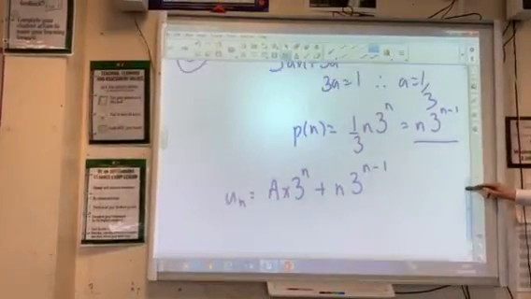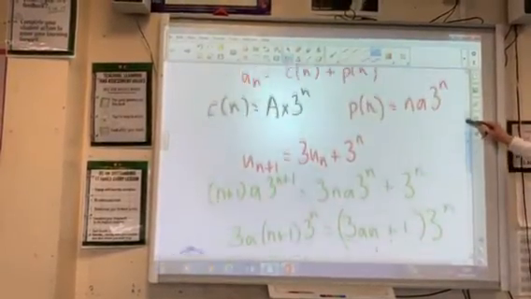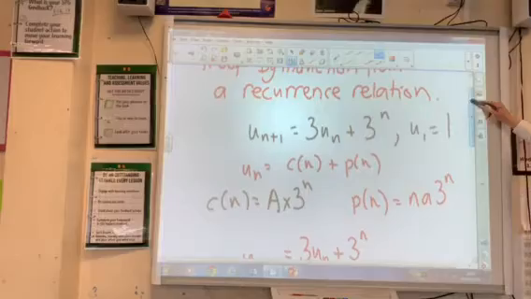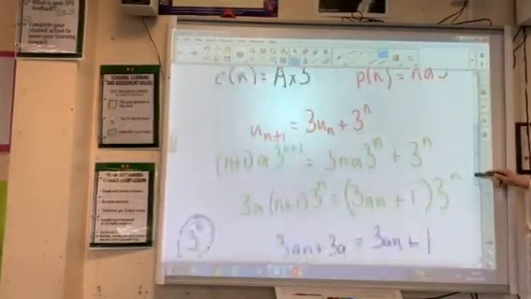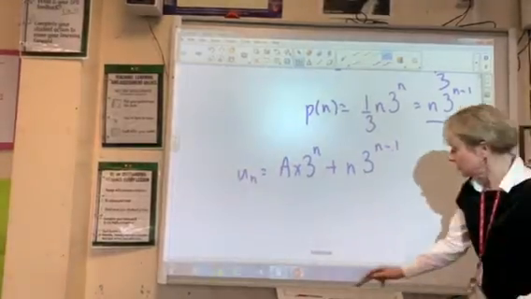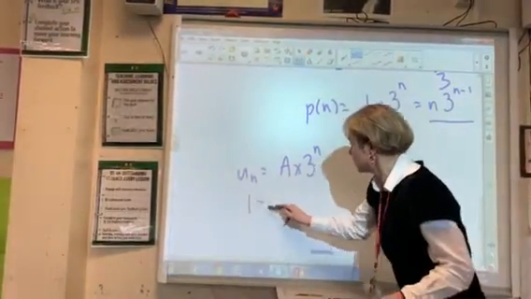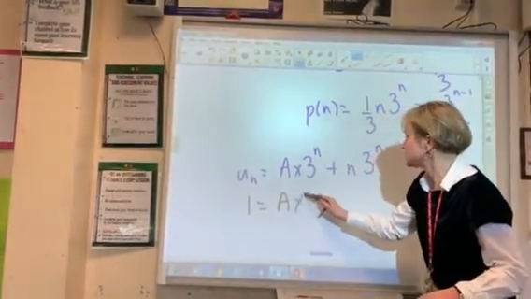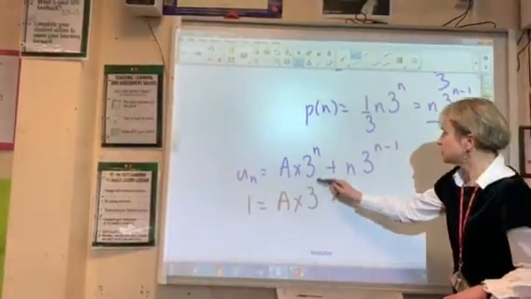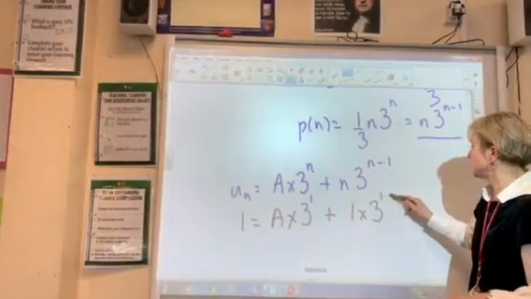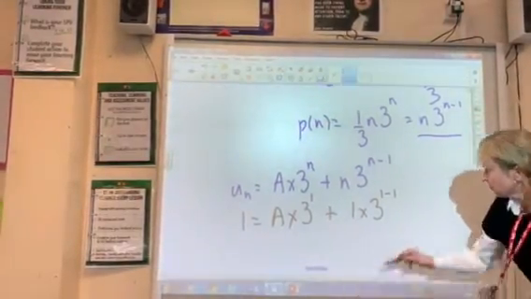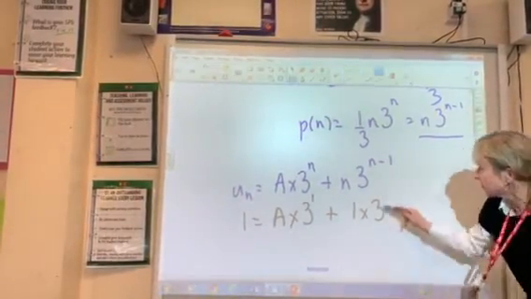I need my initial condition, so I go all the way back to the beginning. So I know that when n is 1, u1 is 1. So I'm going to replace n with 1 and u1 with 1. So that's going to be 1 times A times 3 to the 1 plus 1 times 3 to the 1 take away 1. Obviously that's 3 to the 0.